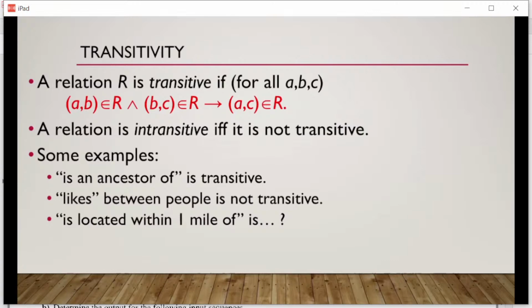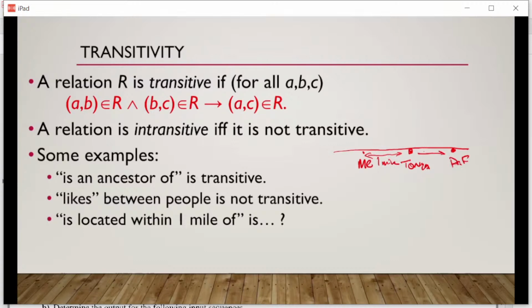"Oh, no." "We're all standing in a line." Ah, good point. So I could be here, and then 1 mile away, there's my wife, with 1 mile separating us. And then Dr. Fuller is over here.